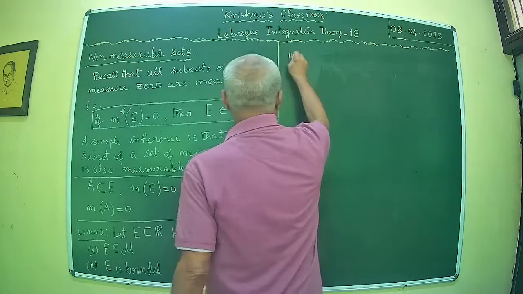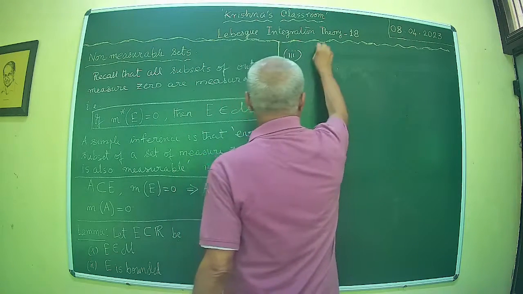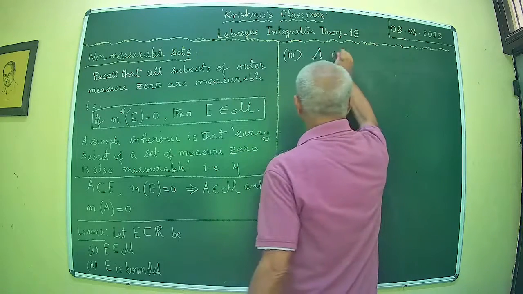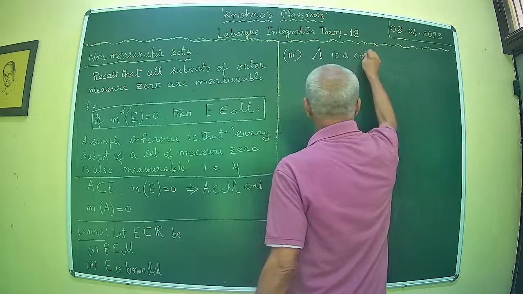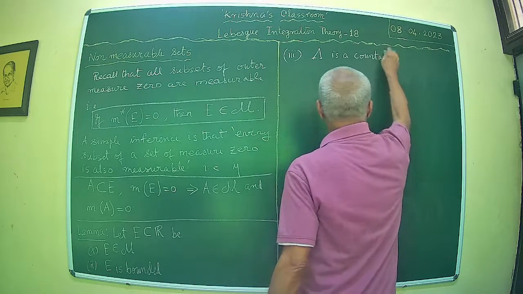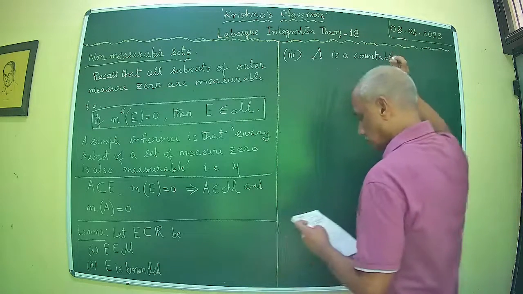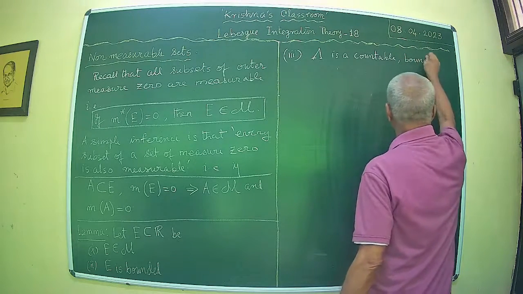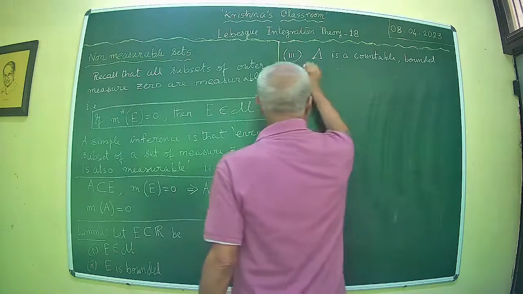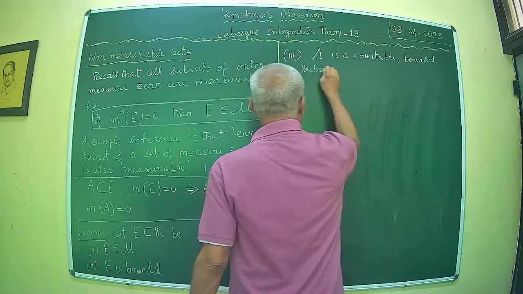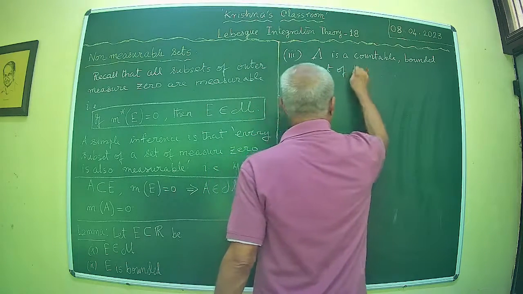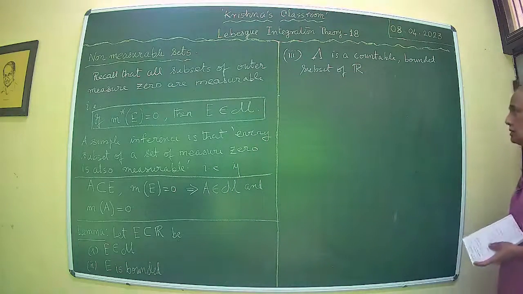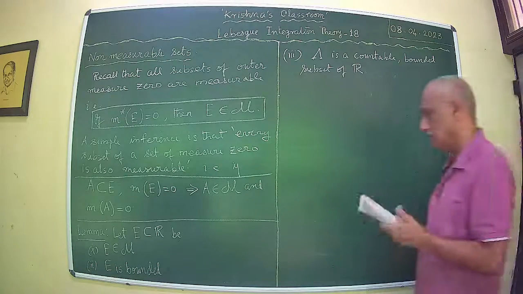Three, lambda is a countable bounded subset of R, something like all rational numbers in the interval 0 to 1.